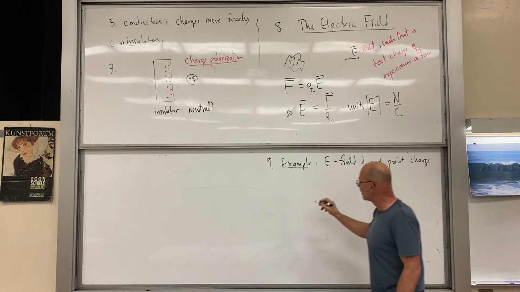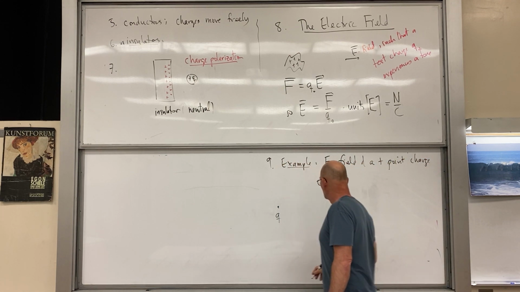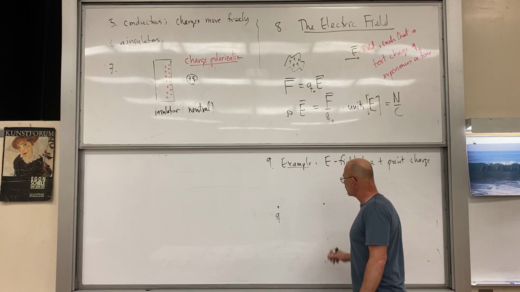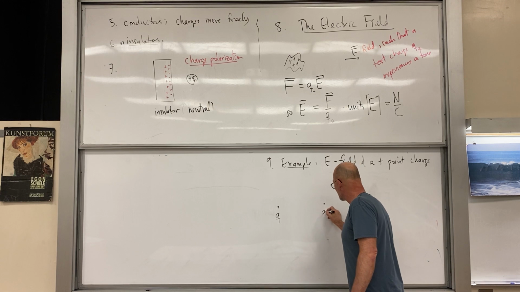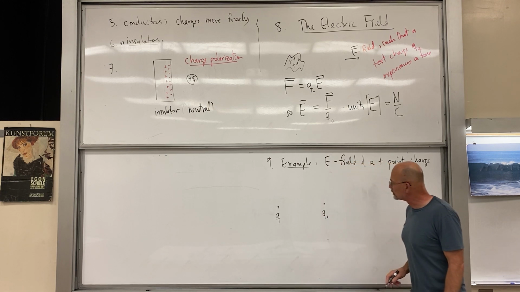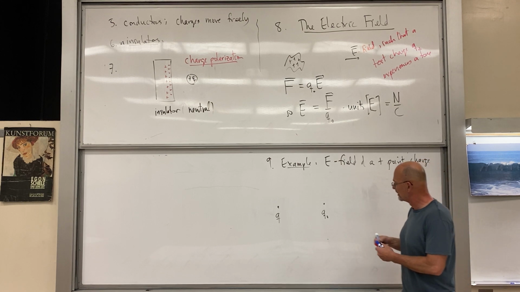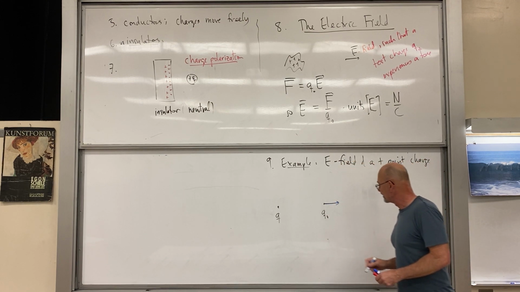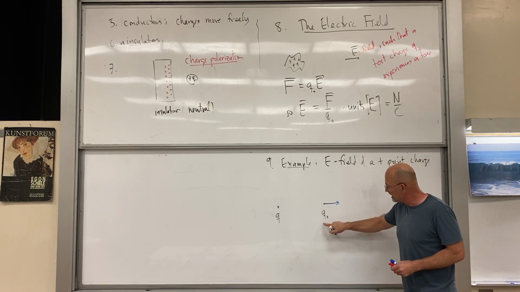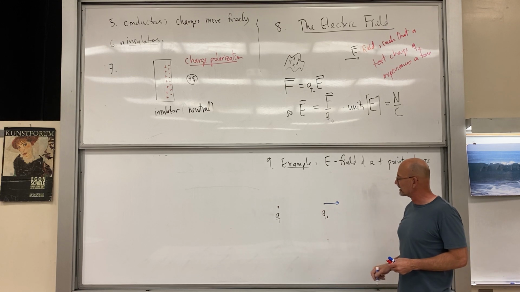So now we've got our point charge here, Q, and we're out at this point here, and we'll put our little Q0 here. And what about the direction of the force? Well, the direction of the force is in that direction if these are both positive charges. Okay.